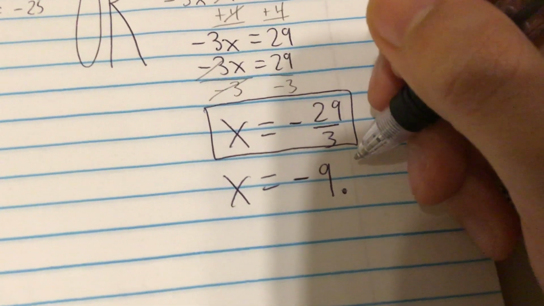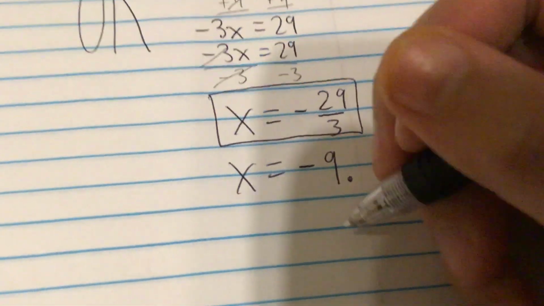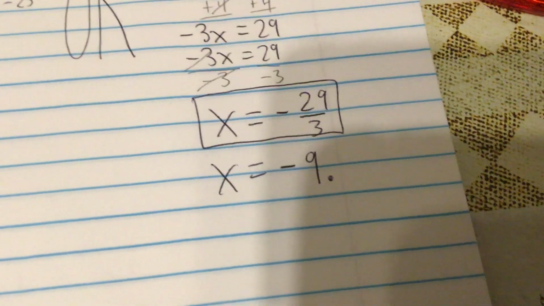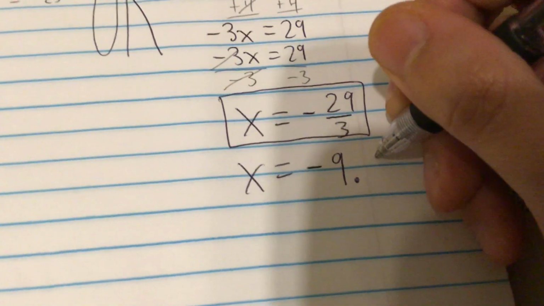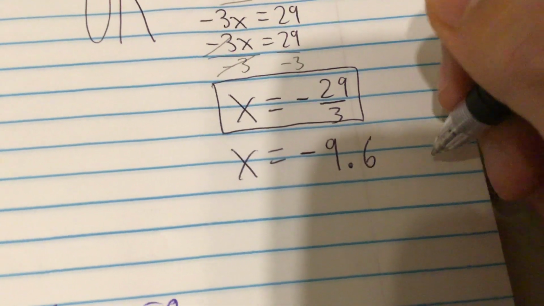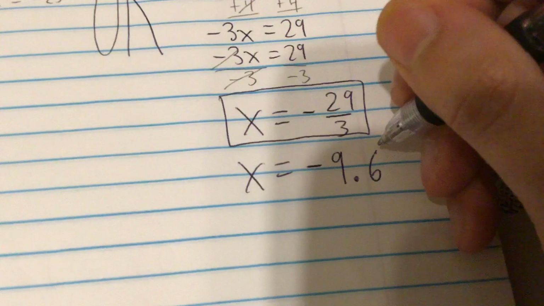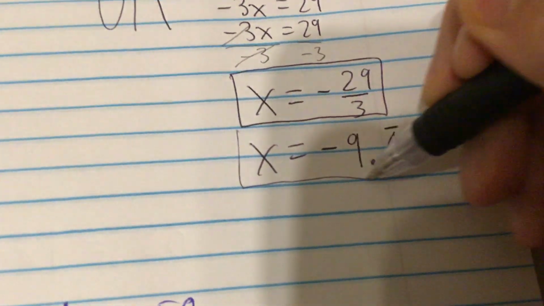And since there's a remainder of 2, that's going to be 0.666666, and your calculator might round out the last digit to be 7, but really it's just a repeating 6. So negative 9.6 repeating. I'm just going to put a little hat on the 6.